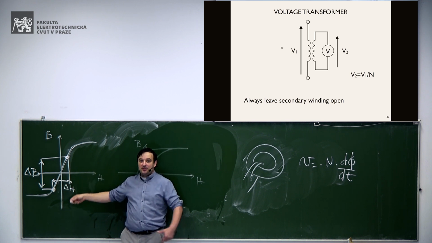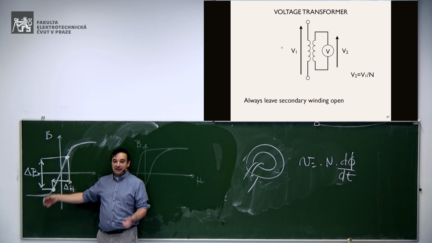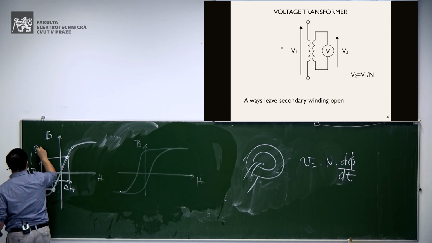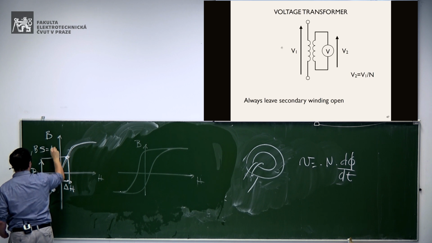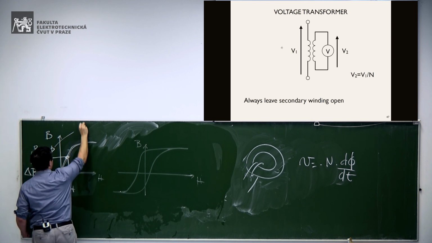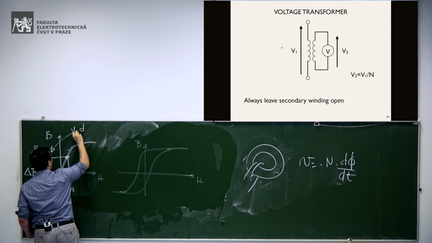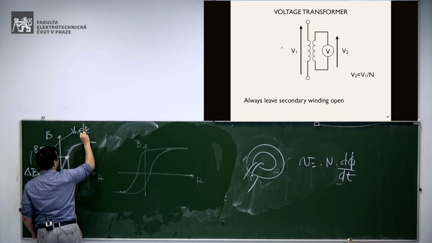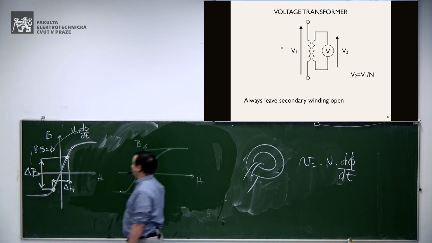Then you integrate B over the area, you get the flux, and the derivative of the flux is the voltage, okay? So, if you have B times the surface, you get the flux, and you get the derivative, the voltage is proportional to the derivative of flux in time, okay?